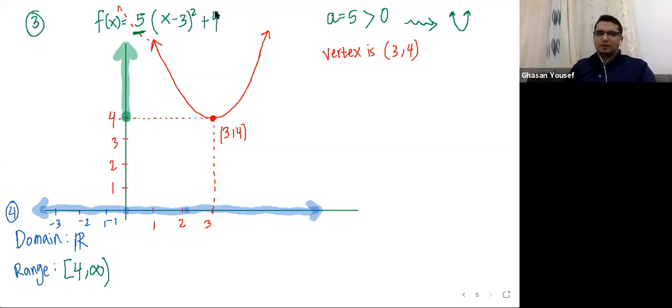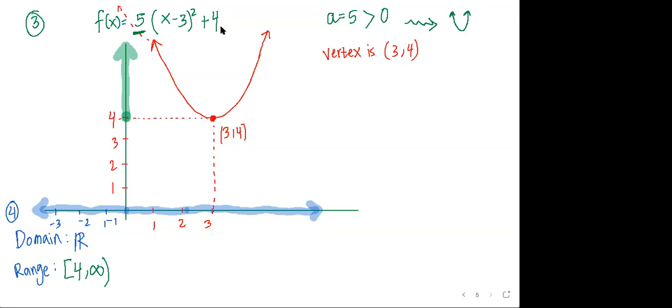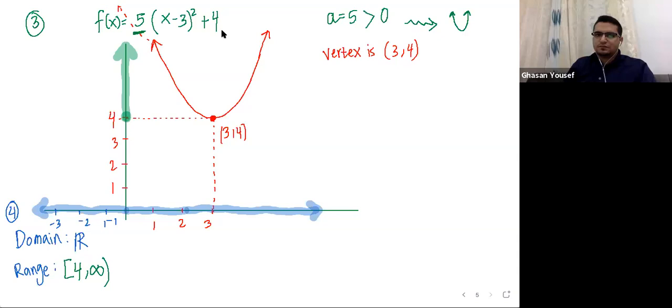We don't have solutions. No solutions. Okay, so no intercept for x. We don't have an x-intercept, but we have a y-intercept. The intercept for y is at the value y equals 49.